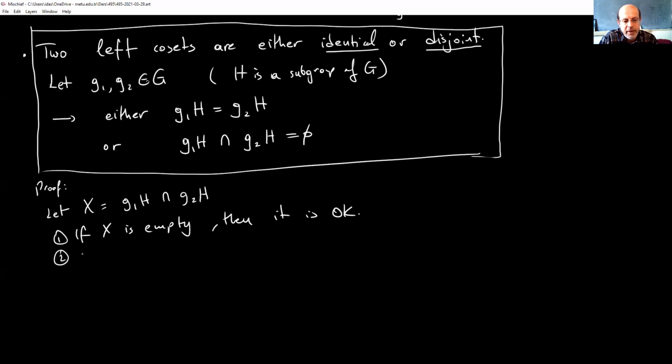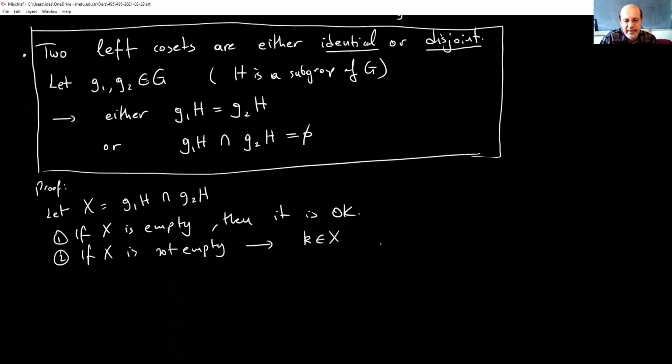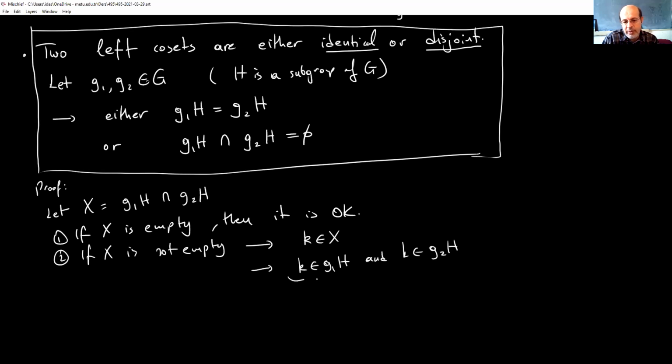But if X is not empty, that means there's an element K in X. But this is in the intersection, so therefore K is in the coset G1H and the coset G2H. And because of the theorem that we have proved earlier, we have shown that G1H is equal to KH.